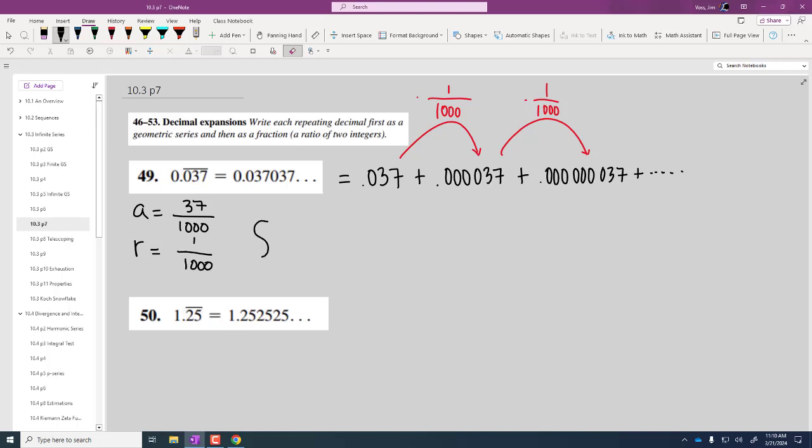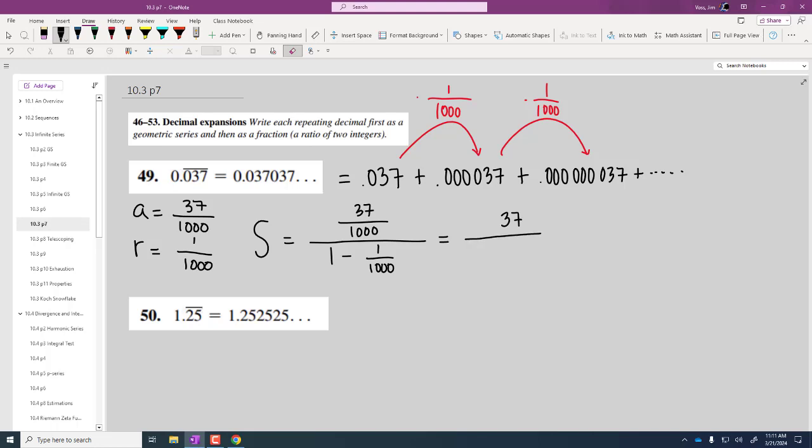So that is a convergent geometric series. It converges to A divided by 1 minus R. In my mind, the simplest way to simplify is to multiply everything by 1,000.